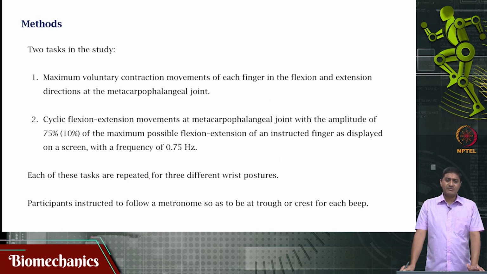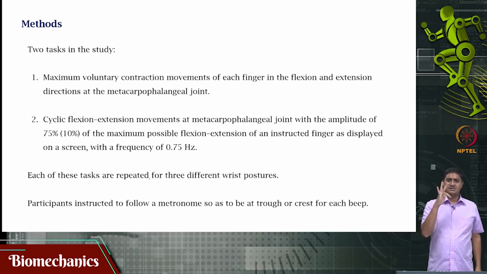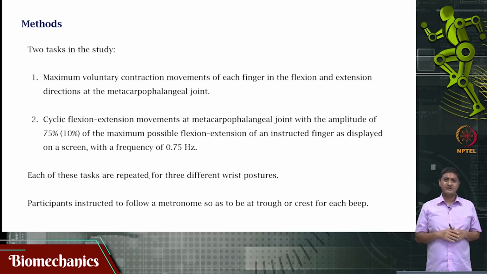We had 2 tasks in the study. One is the maximum voluntary contraction movements, in which people were asked to make maximum flexion and extension movements with each finger. We used this to decide the range of motion of the fingers that will be used in the experimental task.